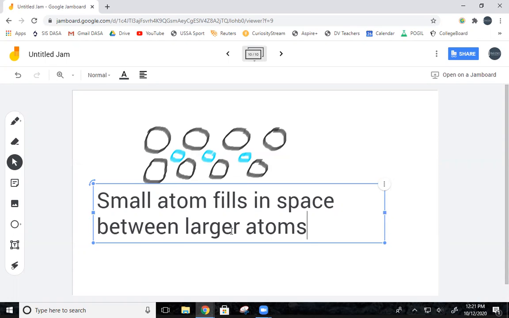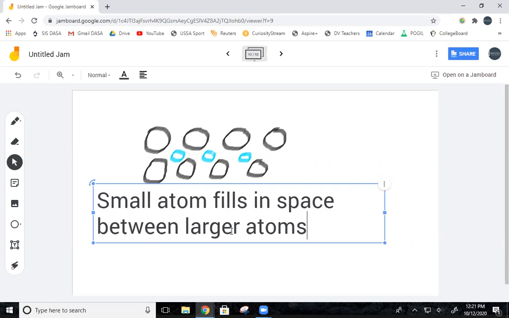Okay, so interstitial alloys. The specific wording that the College Board wants you to know is: interstitial alloys form between atoms of different radii, where the smaller atoms fill the interstitial space between the larger atoms.